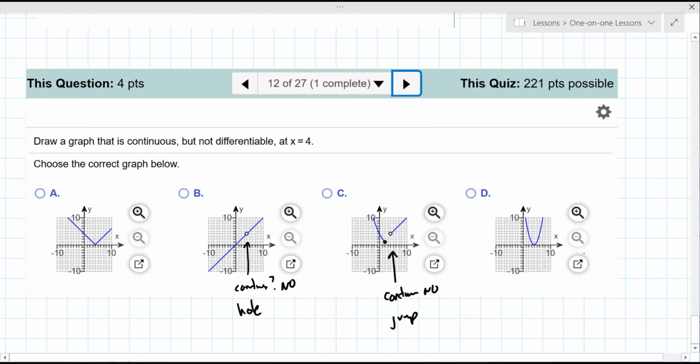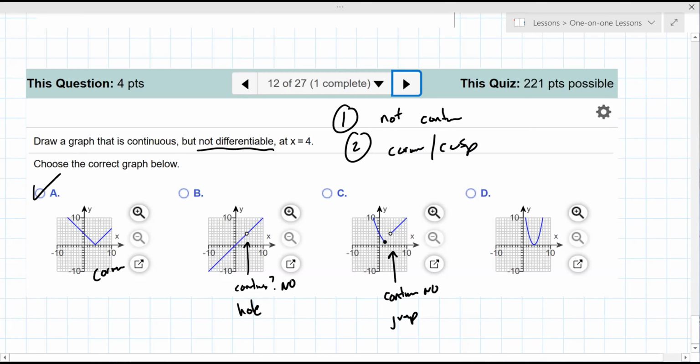Is this one continuous on the right here? Yes, this one's continuous. Same thing with this one. So the things that are not differentiable, again, that little corner. This is a corner, so this is your correct answer. So we're looking for things that are continuous but not differentiable, which is usually a corner or a cusp. Okay, cool.